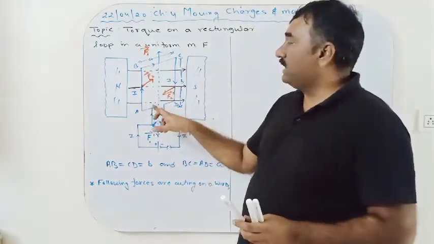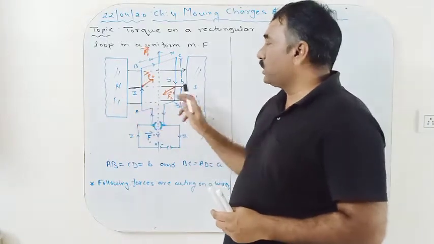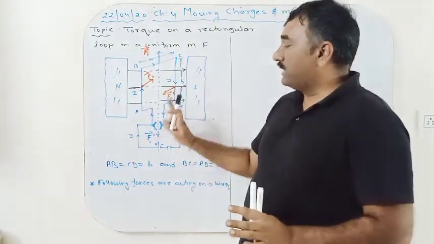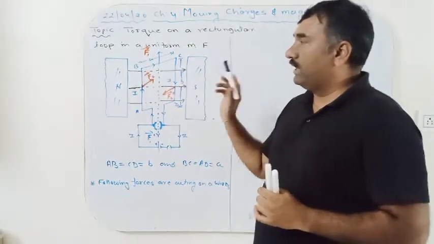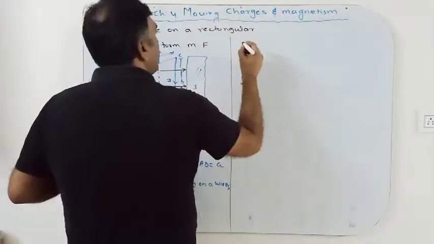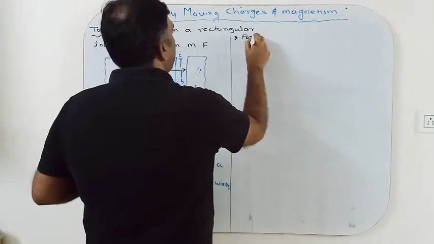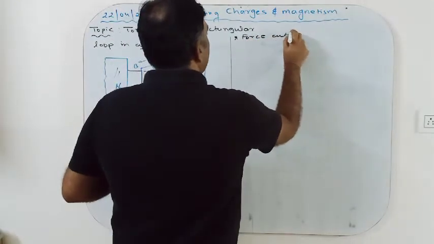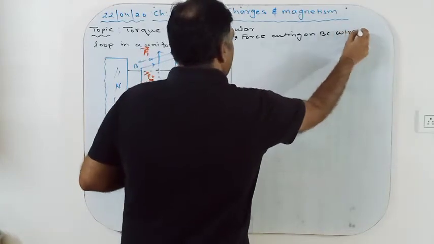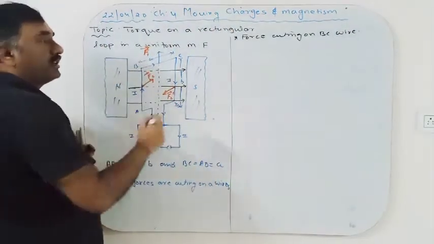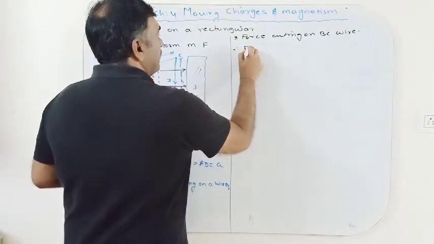This rectangular coil is placed in a uniform magnetic field between the two poles of a magnet. So the very first thing is to find out how many forces are acting on it. First, the force acting on the BC wire, that is F1.